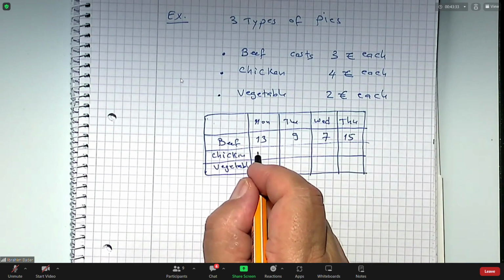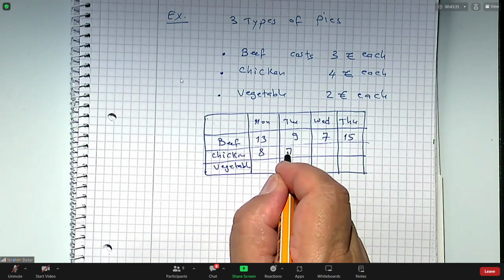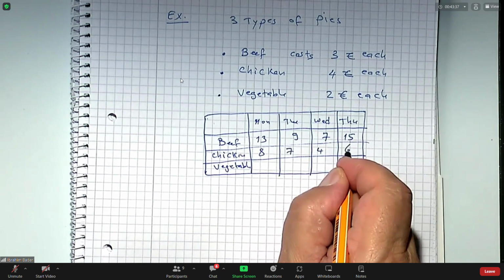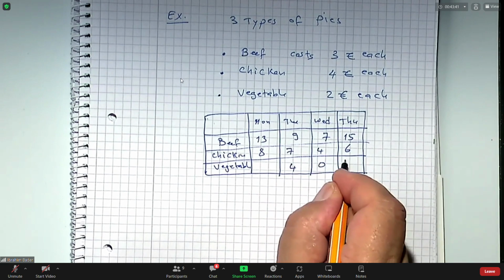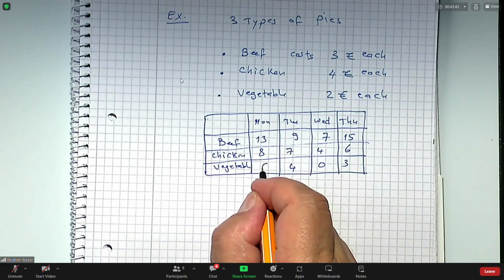And here let's assume we have 8, 7, 4, 6. Then here 4, 0, 3, and here we forgot the 6.